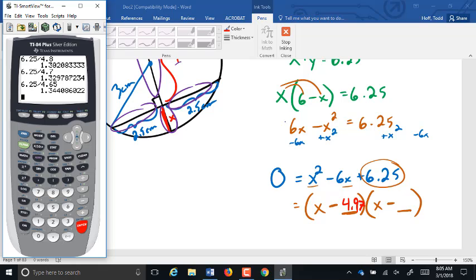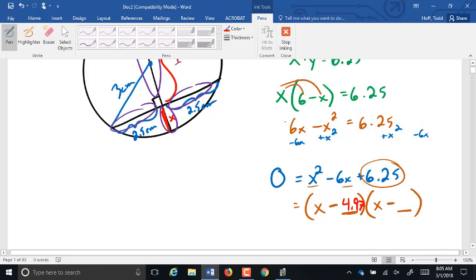There's a winner right there. 4.65 and about 1.35. So what that means is one of these two has to equal 0. Well, for this one to equal 0, it would be 4.65. For this one to equal 0, it would be 1.35. That makes no sense. That's too big. So about 1.35.